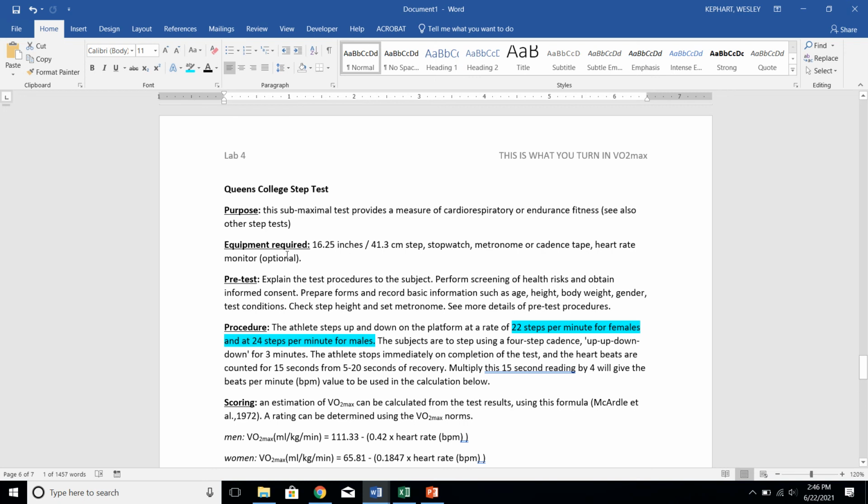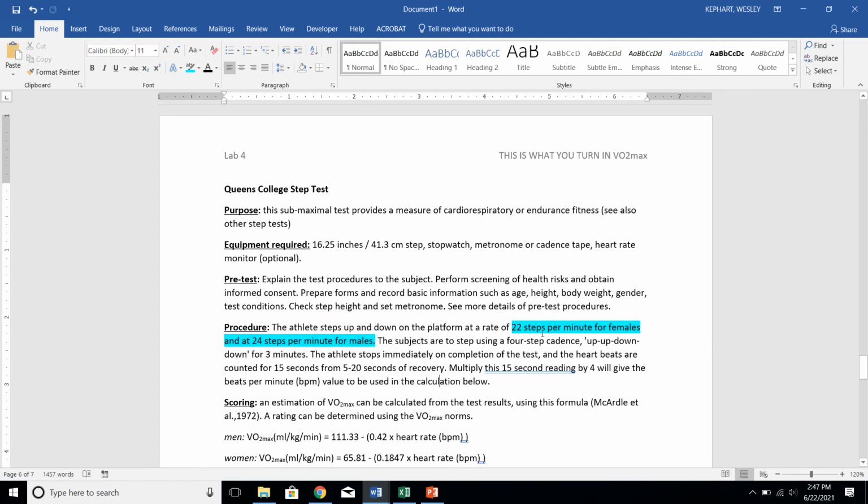So what I want you to do is get on this box, step to the metronome, and then you're going to take your heart rate from 5 seconds to 20 seconds into recovery. So this test lasts for 3 minutes. Where does it say that? Yep, 3 minutes right there.